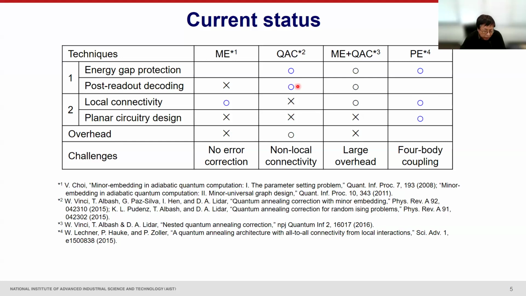It has never been established for the parity encoding scheme. And the overhead is much larger for the PE system, probably because of the lack of an efficient post-readout decoding method.